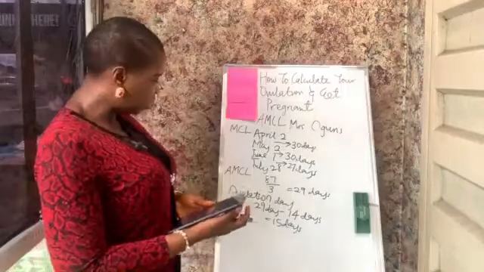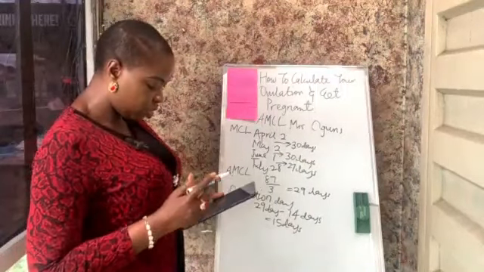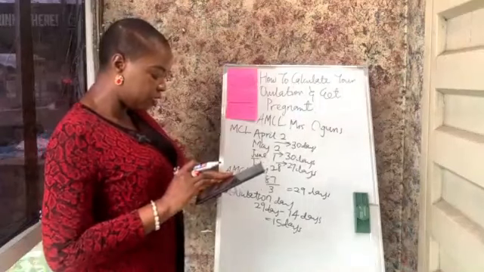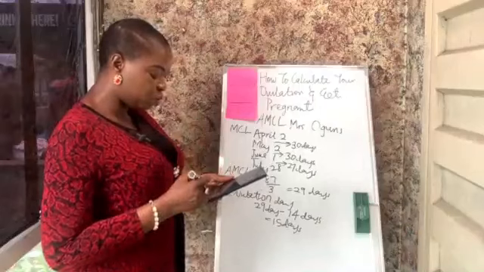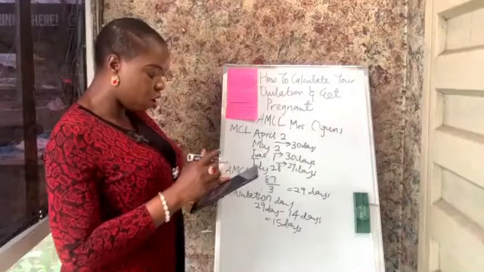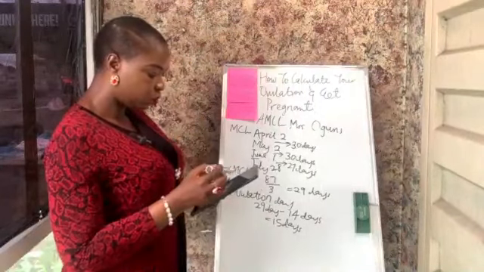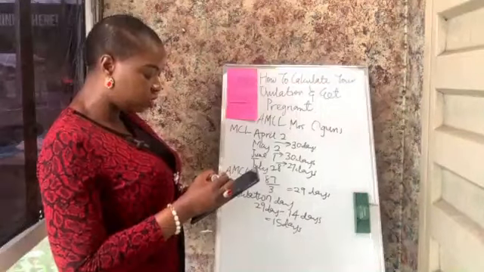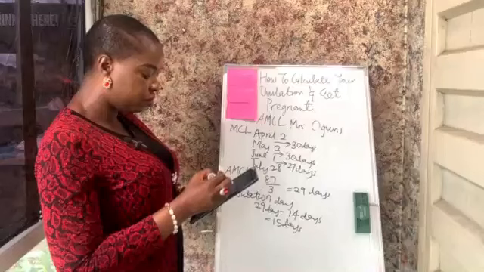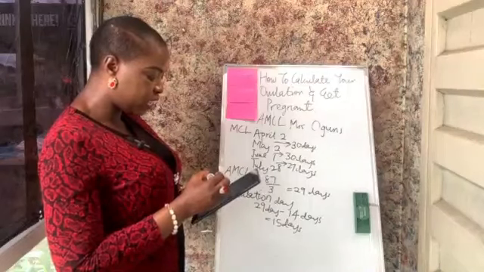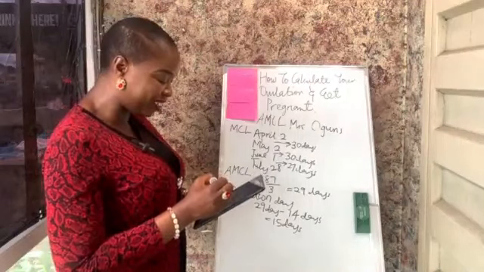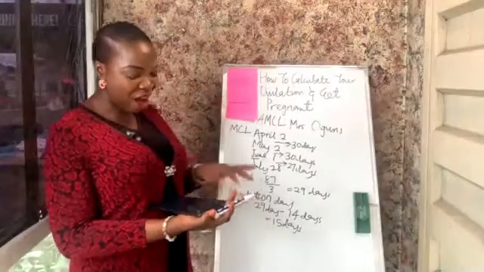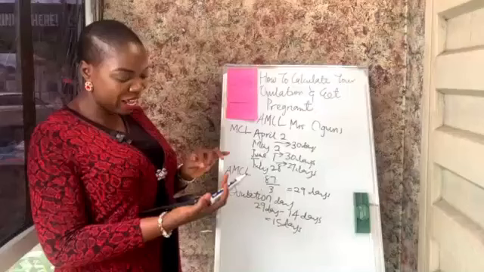July 28 was on a Wednesday, so 7 days will be the 5th of August. July 28, then 7, 8, 9, 10, 11, 12, 13, 14, 15. I thought so. Our ovulation day has passed.